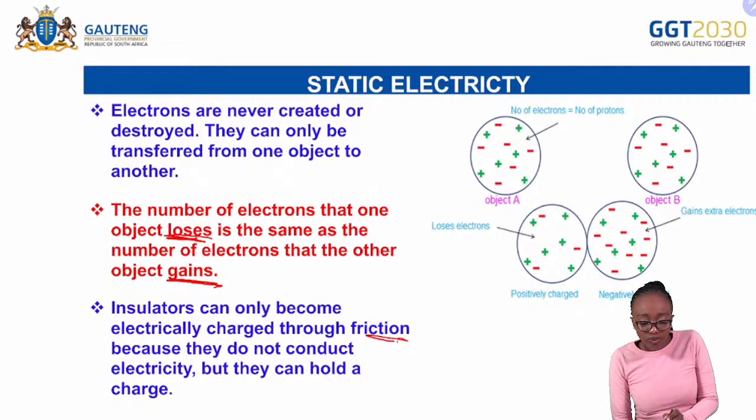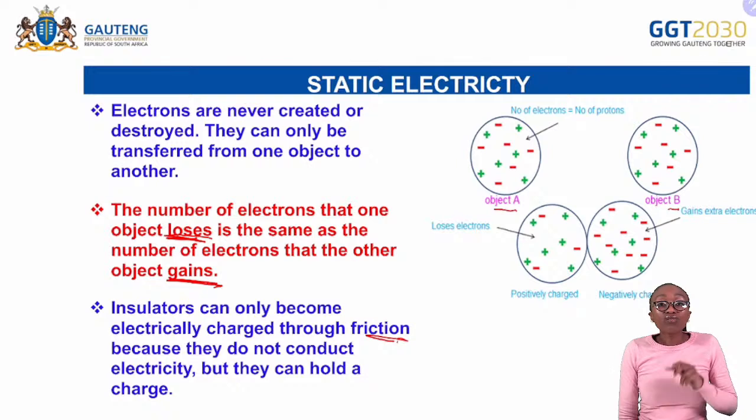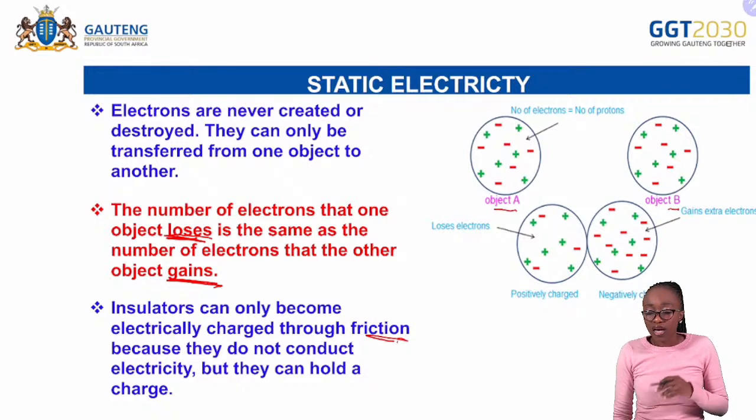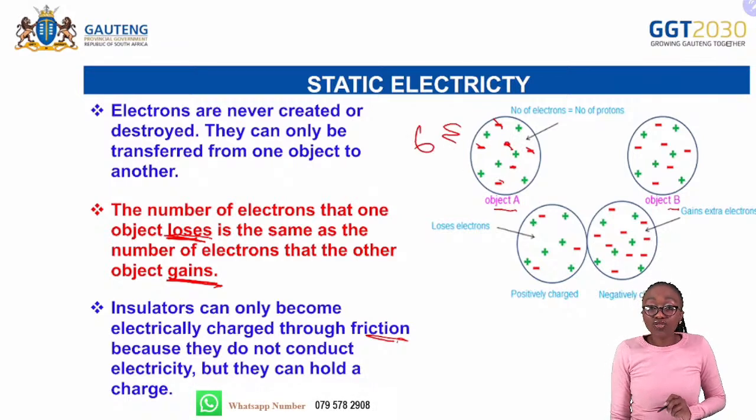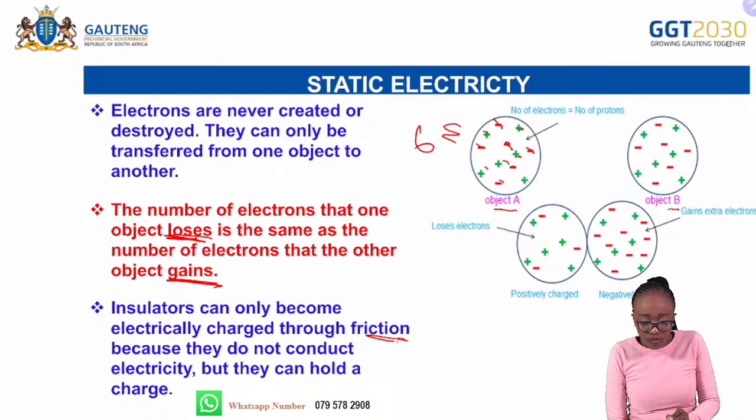So we've got object A and object B. Let's count how many protons and how many electrons each object has, so we can determine if they are neutral or charged. So we've got 1, 2, 3, 4, 5, 6 electrons. I'm going to write the letter E there. And then we've got 1, 2, 3, 4, 5, 6 protons.